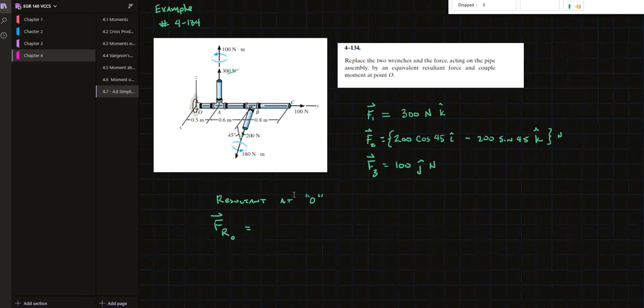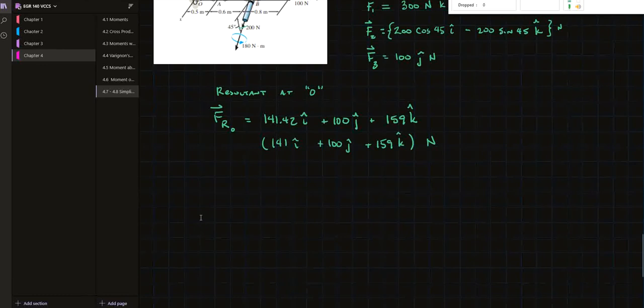So I end up with 141.42 I plus 100J plus 159K. So I could probably call this 141 I plus 100J plus 159K, and that's newtons. So that's the first part of the answer.